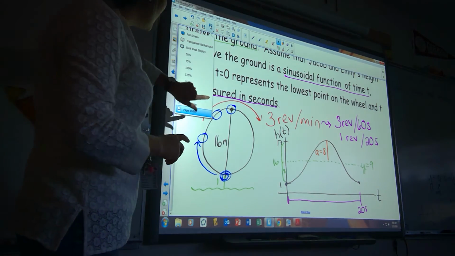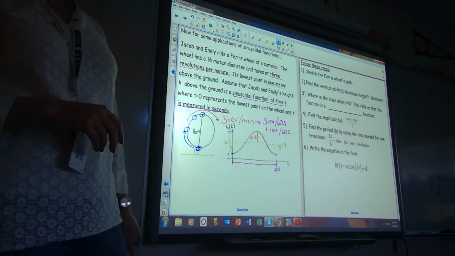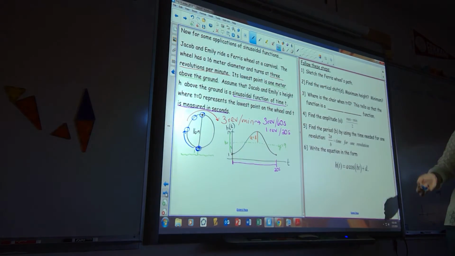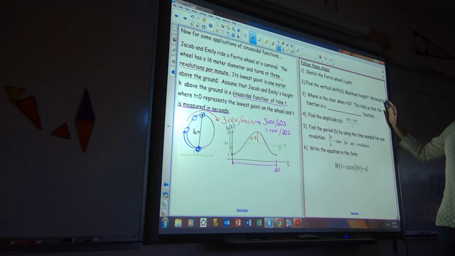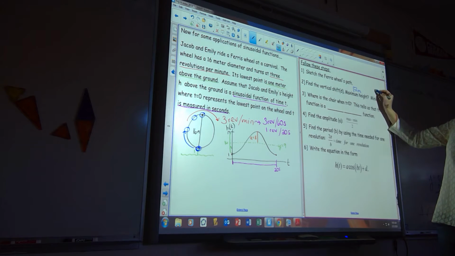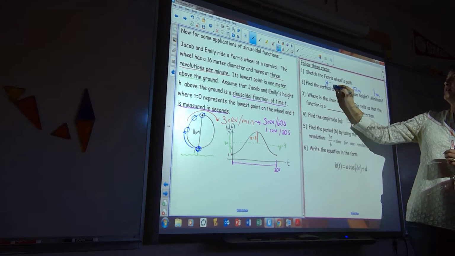On this next slide, I walk you through the thought process that we just went through. Sketch the path, find the vertical shift, meaning how much did you go up or down, maximum height, minimum height. Maximum height was 17 meters, minimum height was 1 meter, so your vertical displacement was actually 9.